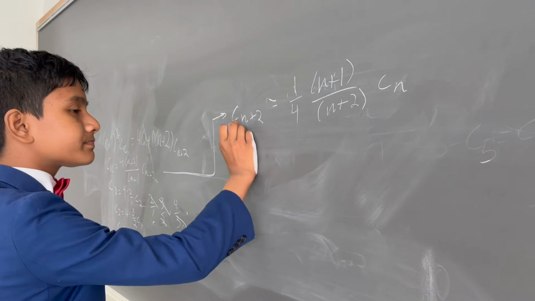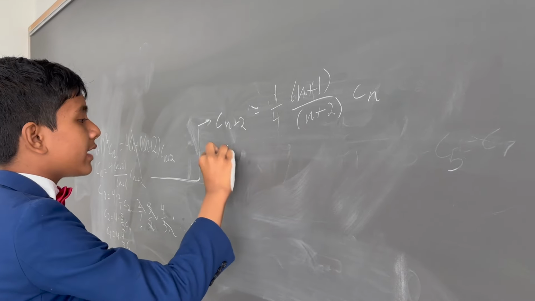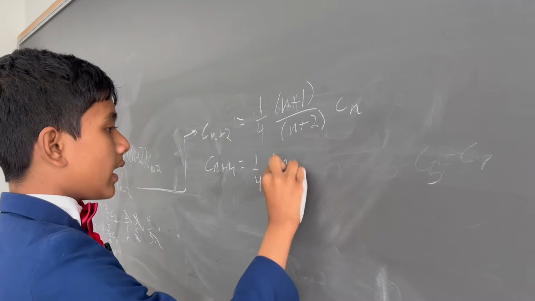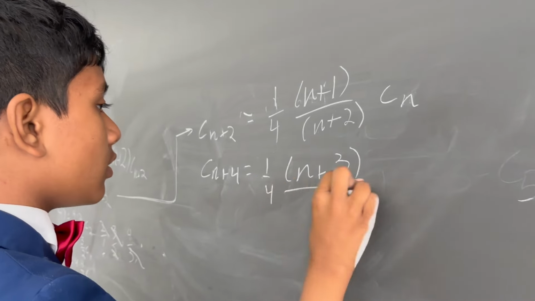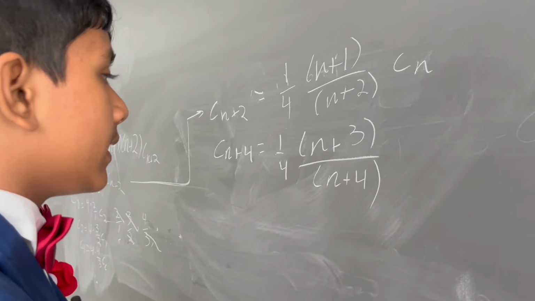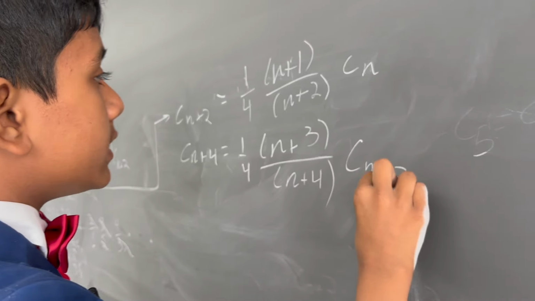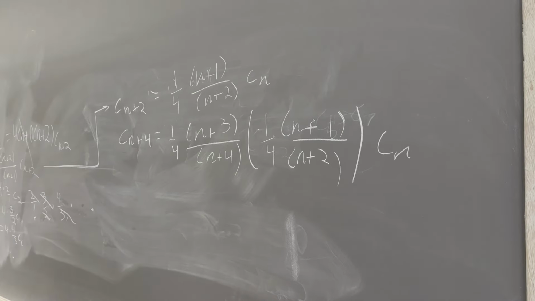Well, all we have to do is just continue the pattern. Cn plus 4 is equal to 1 over 4 times n plus 3 over n plus 4 times Cn plus 2. But what do we do now? Well, we can just plug right back in Cn.